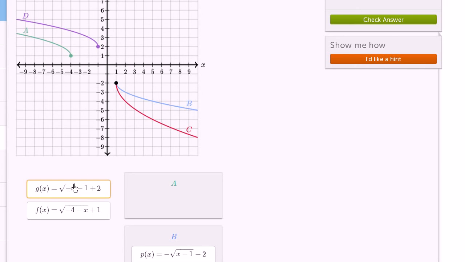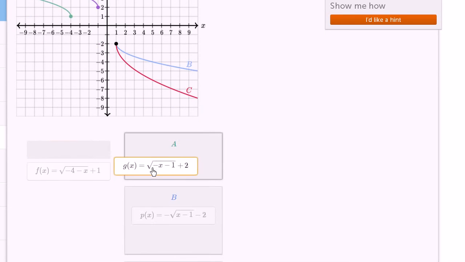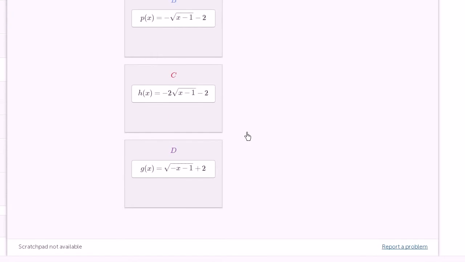And you could also see that it's been shifted to the left by 1. If you're shifting to the left by 1, normally under the radical you would have x plus 1, but then we flipped it around the vertical axis, and that takes the negative of that, so that's why it's negative x minus 1. You could view this as the negative of x plus 1. So either way, that is D. Throw that under D.